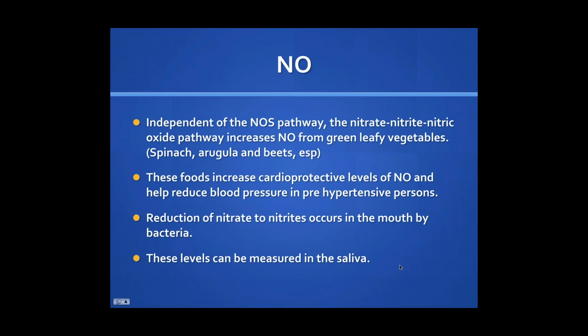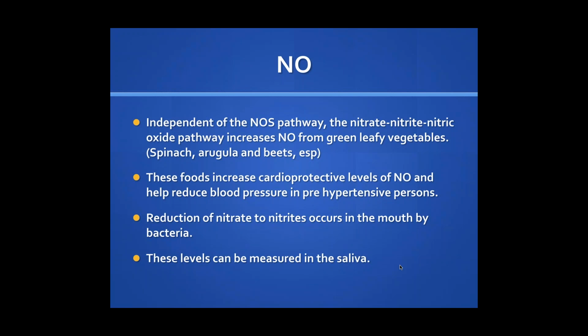Alrighty. So independent of the nitric oxide synthase pathway, the nitrate, nitrite, nitric oxide pathway increases nitric oxide from green leafy vegetables, especially spinach and arugula and beets. And the cool thing about beets especially is they have all the antioxidants in them, along with the nitrites and the nitrates. So beets will clean up the superoxide molecule and increase nitric oxide all at the same time. These foods increase cardioprotective levels of NO and help reduce blood pressure in pre-hypertensive persons.